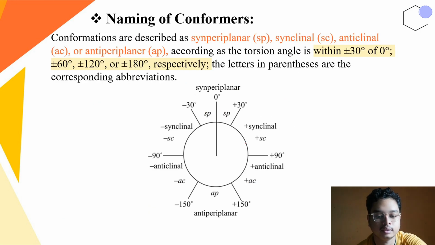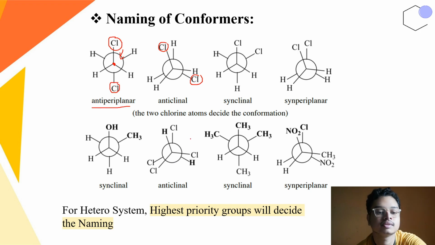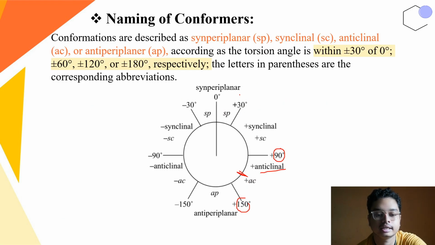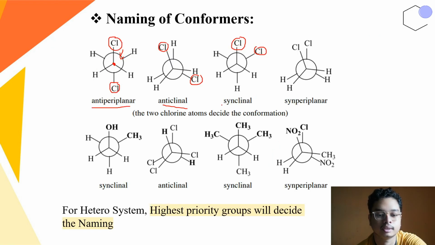In our chart, the 90 to 150 degree range is called anticlinal, so this is anticlinal. Similarly, here the torsion angle between the two chlorines is 60 degrees. 60 degrees lies in the range between 30 to 90 degrees, so this compound is named synclinal.